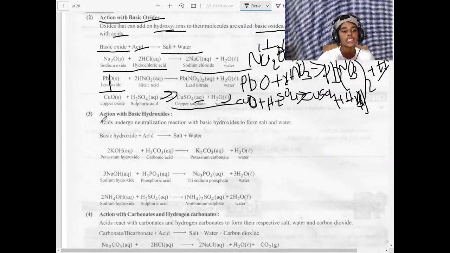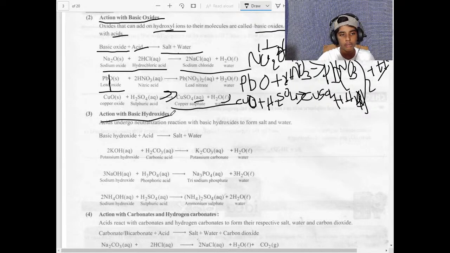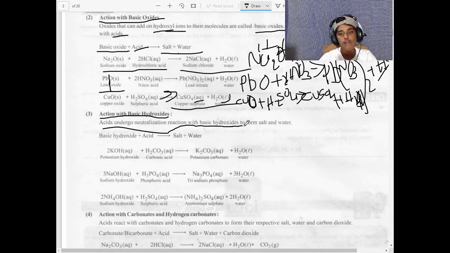It's necessary. This is not necessary. And next, reaction with basic hydroxides. Acids undergo neutralization with basic hydroxides to form salt and water.